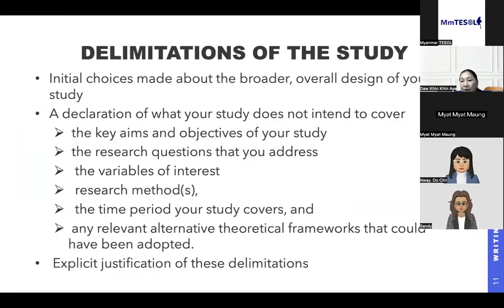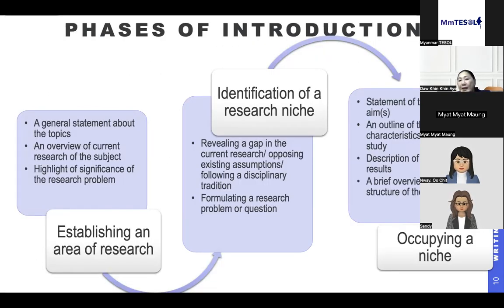Then, because you have already identified the gap and research problem, this is where you occupy that niche by stating the research aim, outlining the key characteristics of your study, and describing the important results if you are writing a research paper. If it is a research proposal, describe the potential important results, and after that, a brief overview of the structure of the paper.